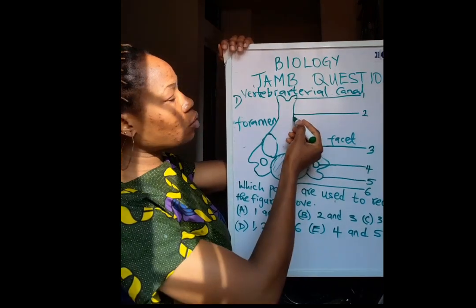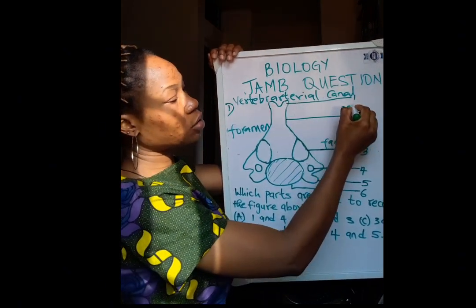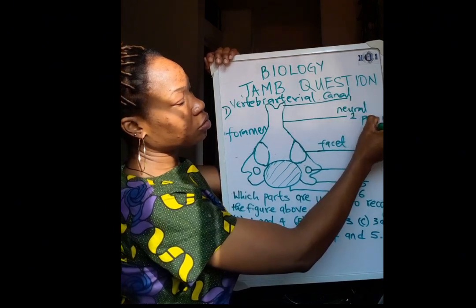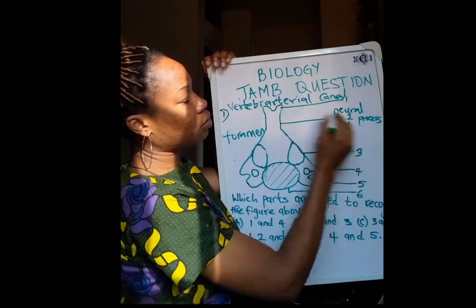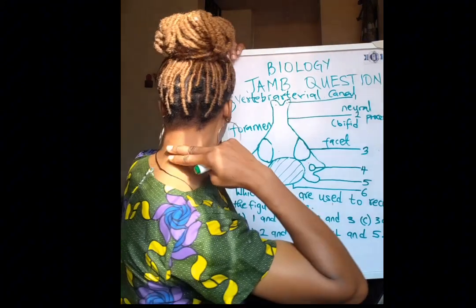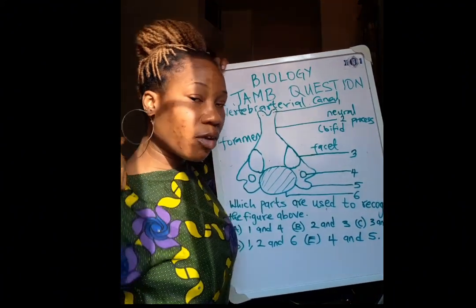So what's this? This is what we call a bifid neural process. It's sometimes referred to as bifid because it has two projections, and that's why you can feel it here. You have a pointed part where you can feel behind at the back of your neck.